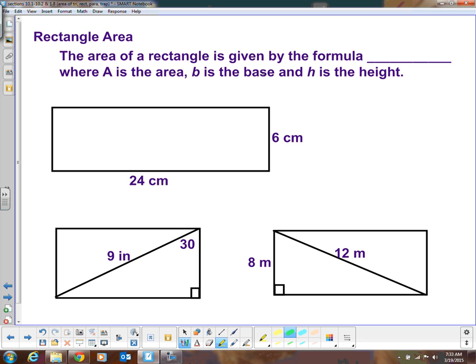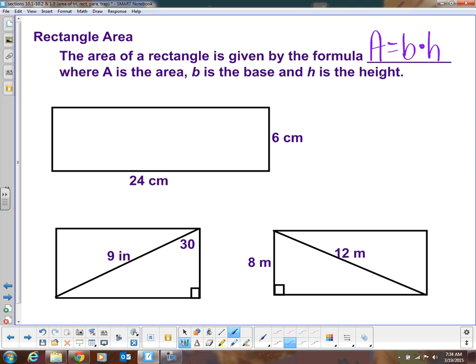The area of a rectangle is given by the formula area equals little b times little h. I do not want to see length times width. I want to see little b times little h, where a is area, b is the base, and h is the height.